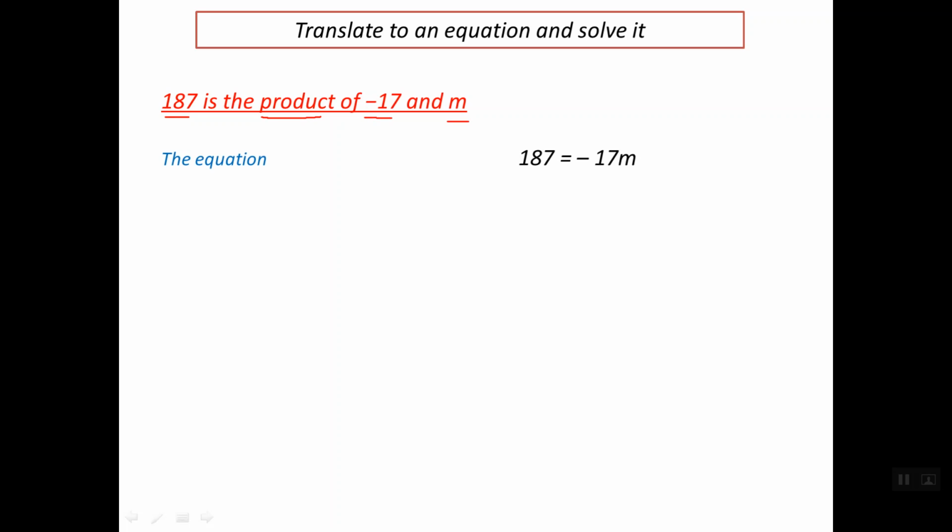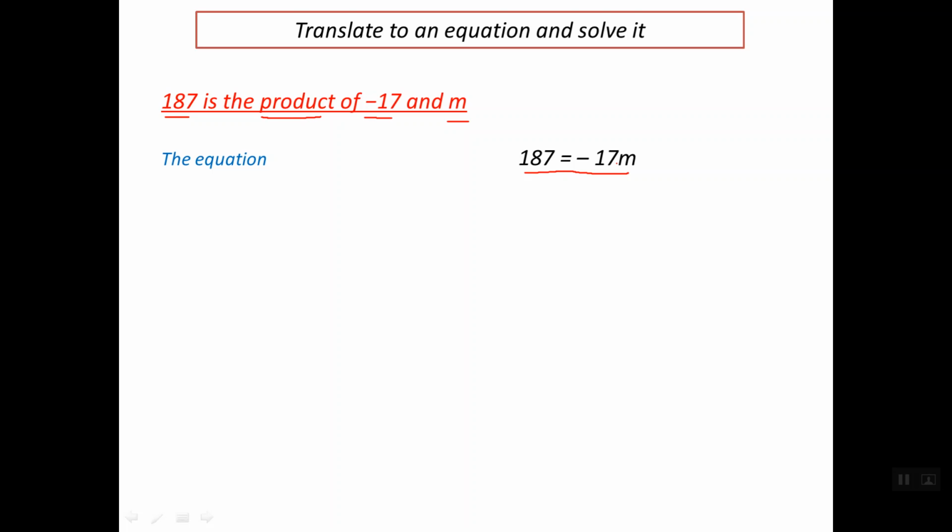So now we can translate this algebraic statement into an algebraic equation. So 187, which is the result, is the product between minus 17 and m. So minus 17 times m. This is the translation of this algebraic statement into an algebraic equation.